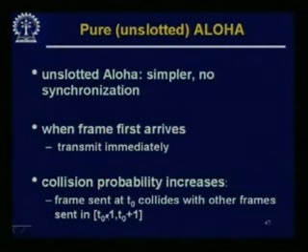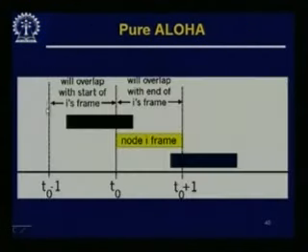So there is a big interval from T0 minus 1 to T0 plus 1 where things may collide. Remember, even if the first and the last bit collide, still there is a collision. So this frame will overlap maybe with this frame, will also overlap with this frame, and now there is no question of any slot. So anybody can start transmitting at any point of time.